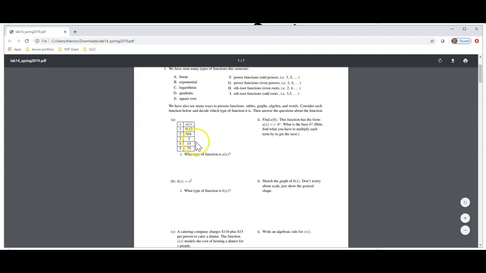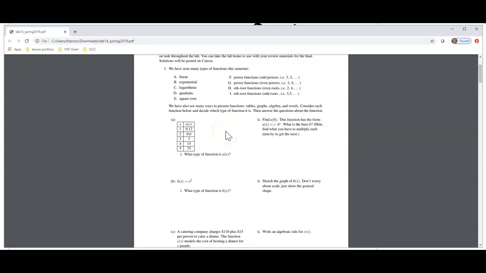And that's actually what I'm doing on all of them. And so when I'm multiplying by 5 each time, that means it's an exponential graph, right? And then it's going to have you write things as, what is the algebraic rule for it, which is just a fancy way of saying, how do you write an equation for this?